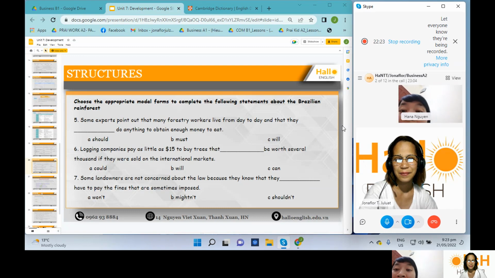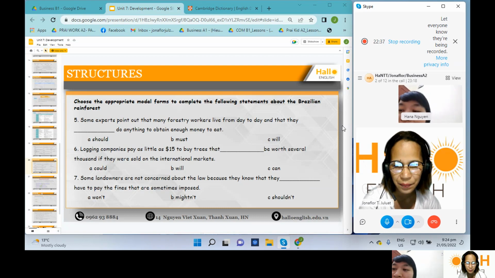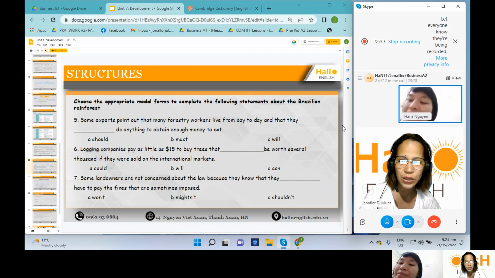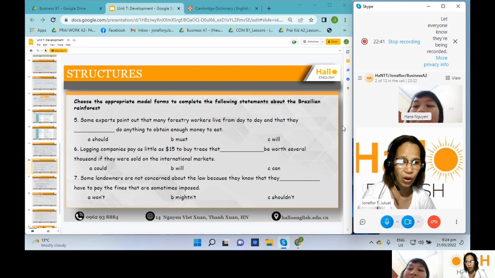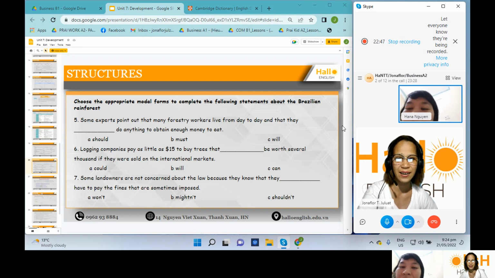They might not have to pay the fines. Some landowners are not concerned about the law because they might not have to pay the fines that are sometimes imposed.